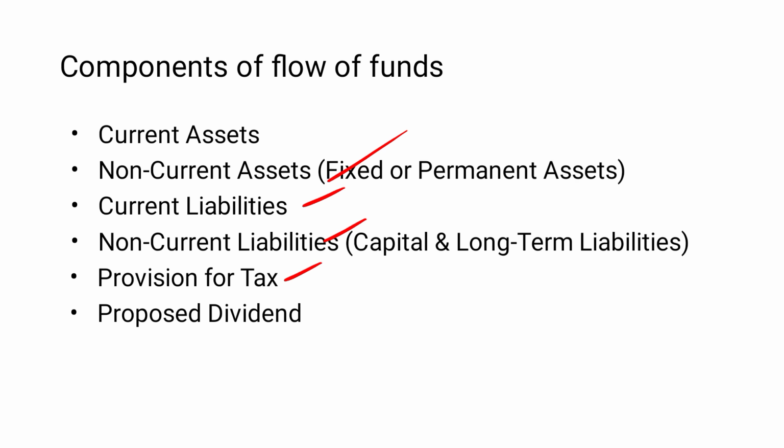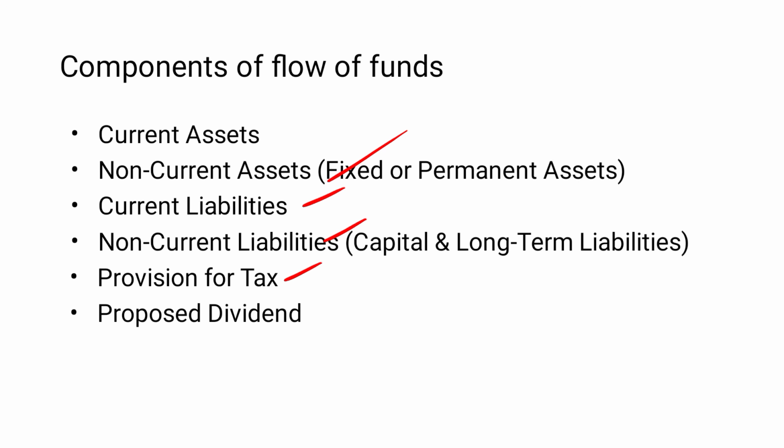It is advisable to treat the same as a current liability. Any amount of tax paid during the year is to be treated as application of funds or non-current liability because it is used for adjusting the net profit made during the year.